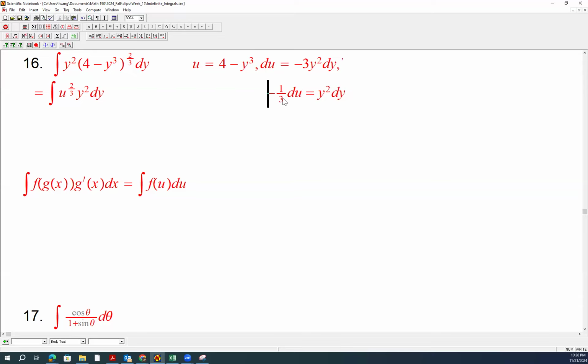So basically, you can see this as solving an equation, right? Solving for y squared dy. So divide both sides by -3.